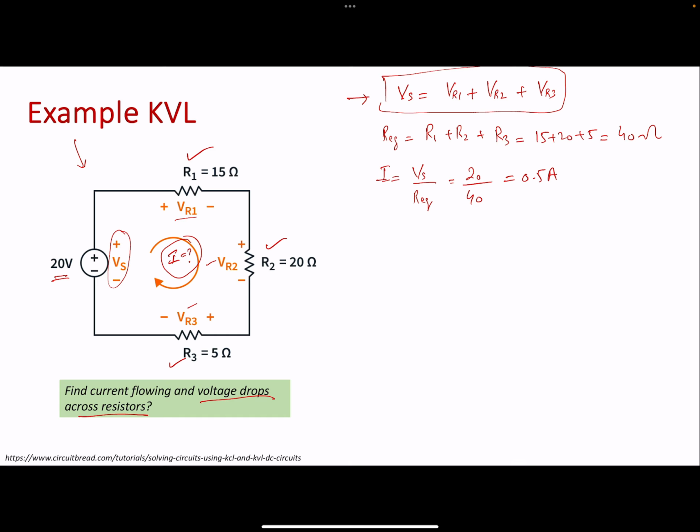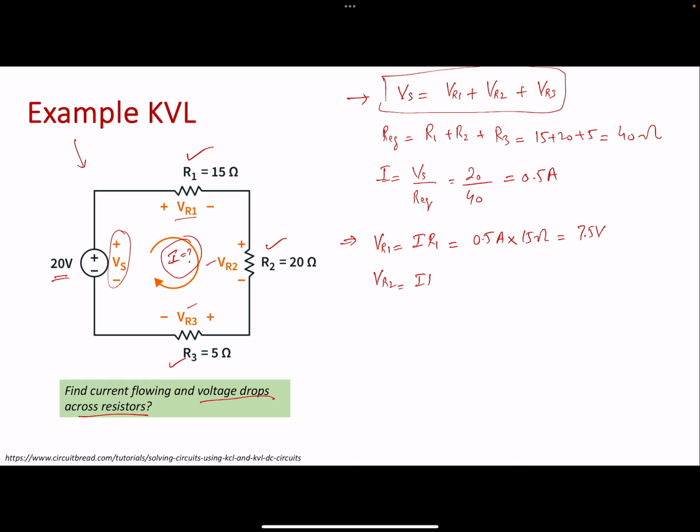So I have a total of 0.5 amperes flowing through the circuit. If I have 0.5 amperes flowing through the circuit, then I can easily figure out what the voltage drops across all of them would be. So VR1 would be the current times R1. So the current is 0.5 amperes times 15 ohms. The answer comes out to be 7.5 volts.